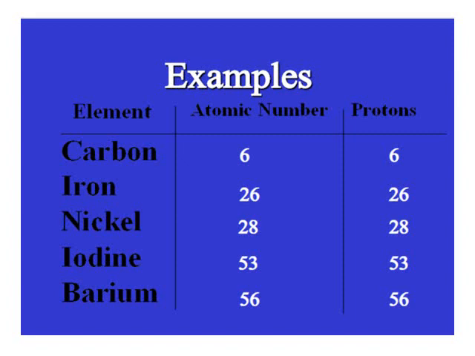Nickel, whose atomic number is 28, has 28 protons. So, iodine with atomic number 53 has 53 protons. Barium with an atomic number 56 has 56 protons. So in short, the atomic number gives the number of protons in an atom.